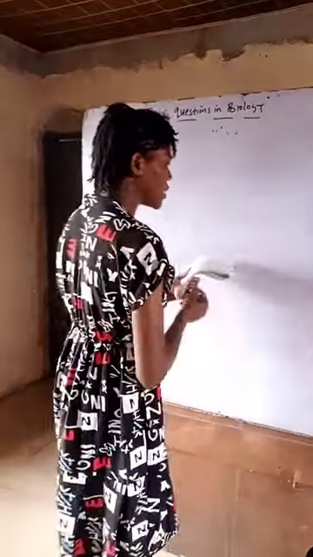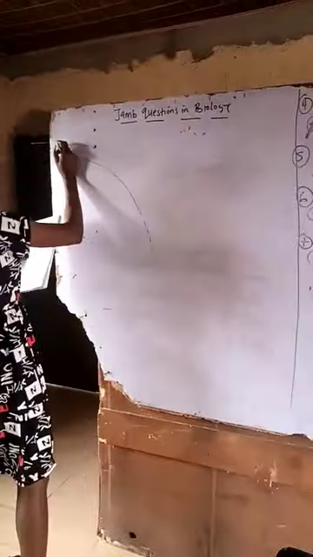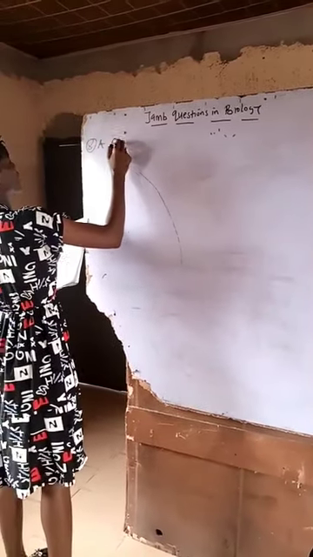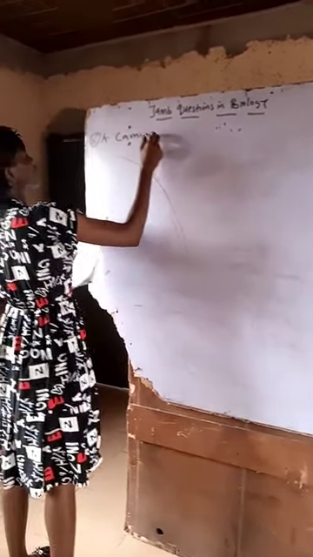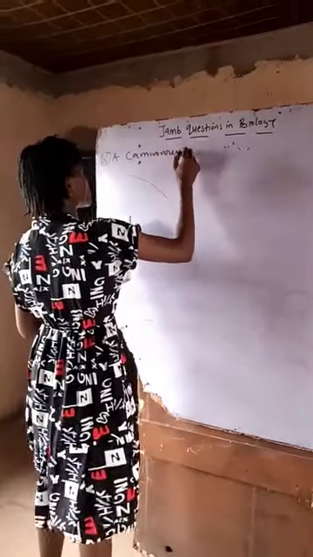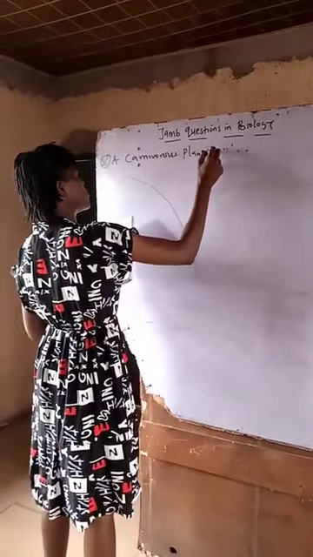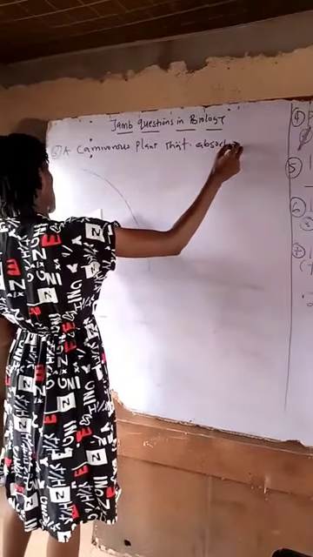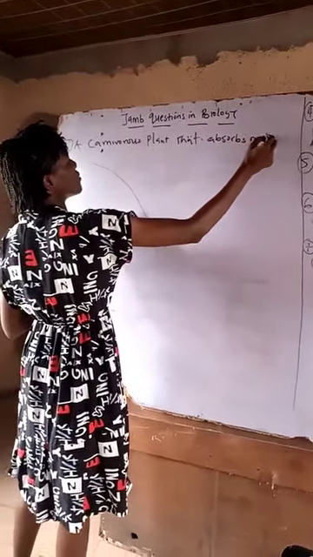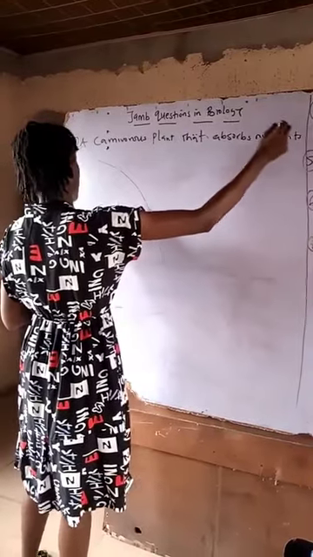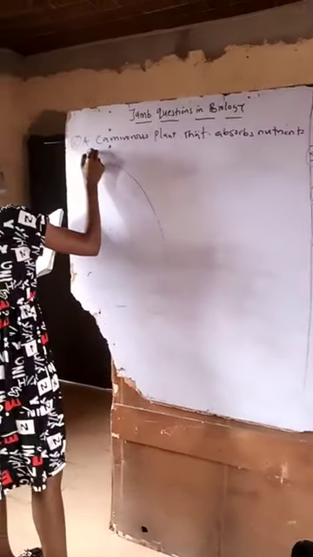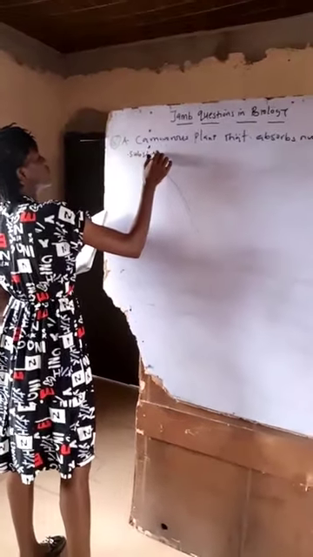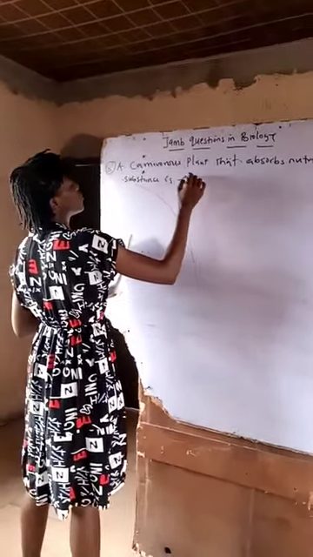So the next question is this: a carnivorous plant that absorbs nutrient substance is called dash.